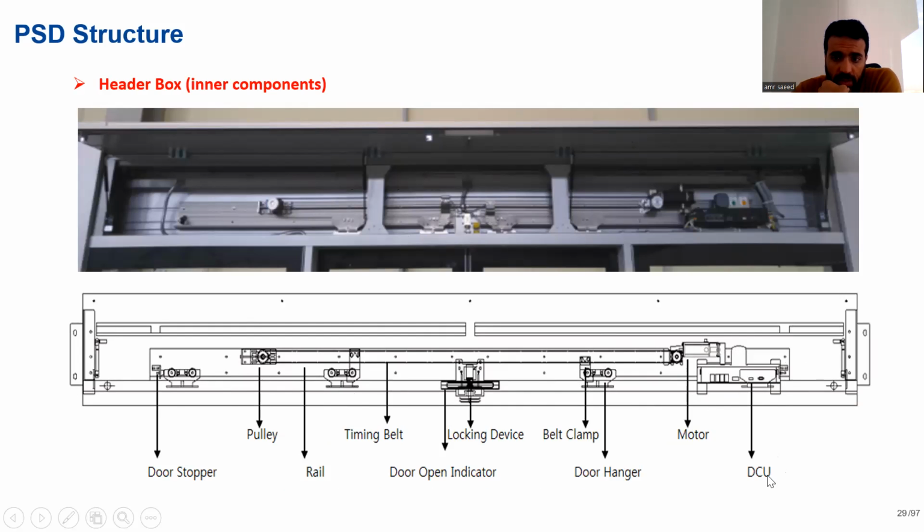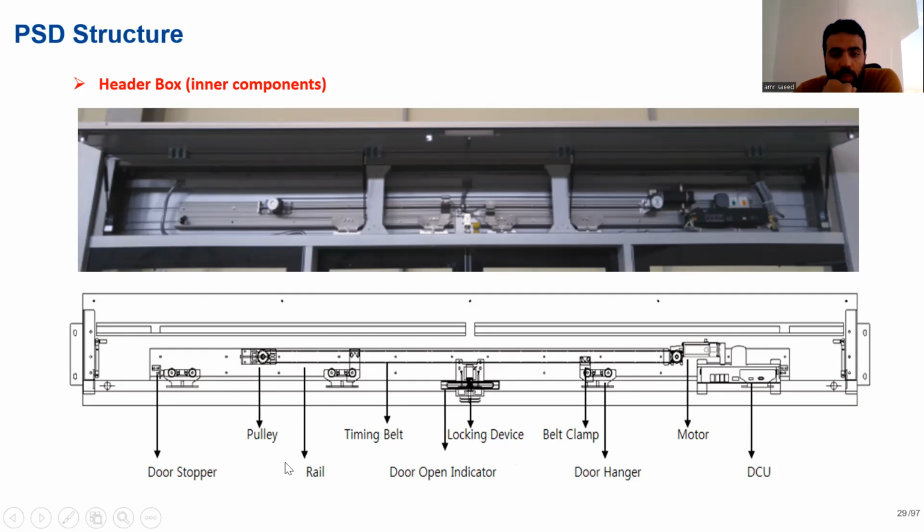This is a motor. When DCU receives signal for MSD to open, it sends the signal to the motor. So the motor starts to work in a specific direction. This timing belt moves. This locking device unlocks or locks if it's closing.